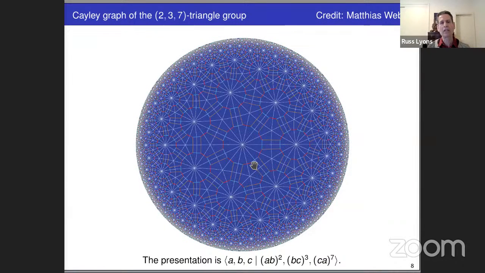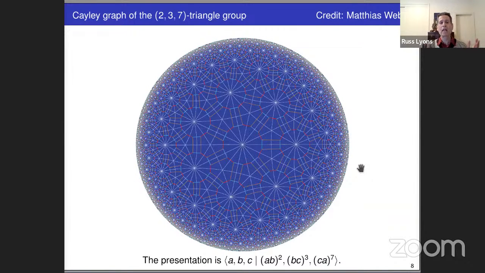So it turns out that the Cayley graph is a dual of the tessellation by triangles. The white lines give you the triangles, or the sides into which we're reflecting. These are geodesics in the hyperbolic disk. But the Cayley diagram is the colored edges, the blue, red, and brown.